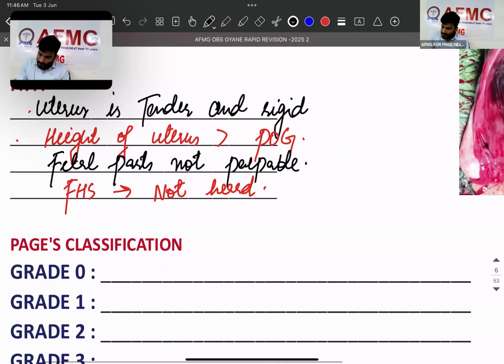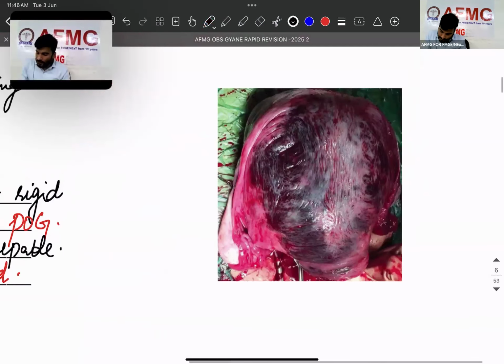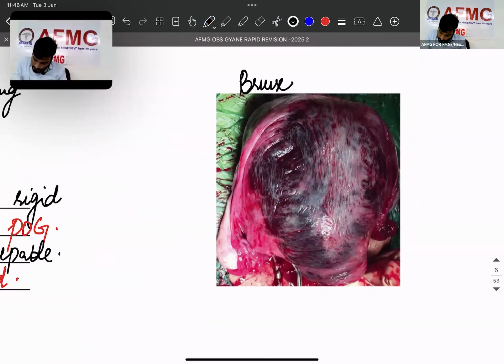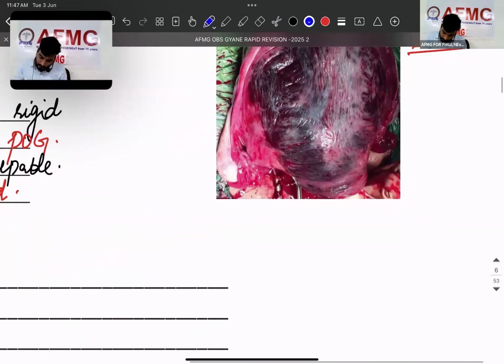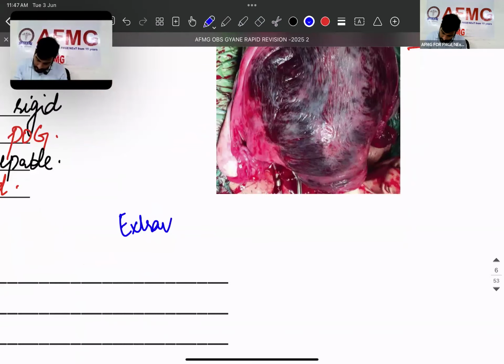Now, sir, this type of uterus is called a bruised uterus, or Couvelaire uterus. What is this bruised uterus, children? There is extravasation of blood into the uterine musculature.